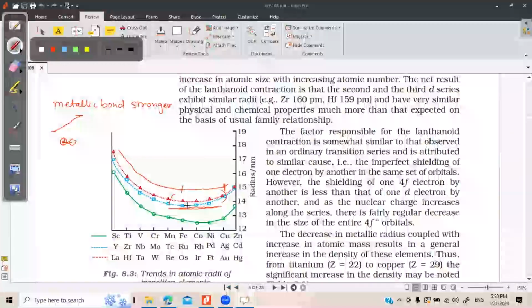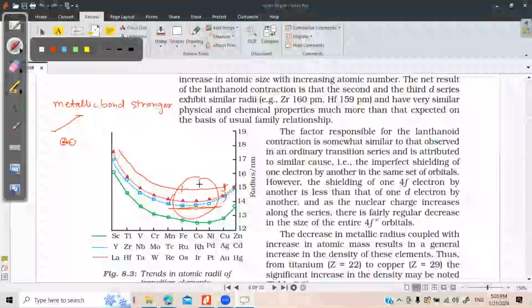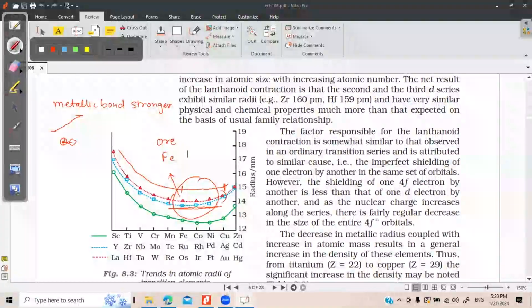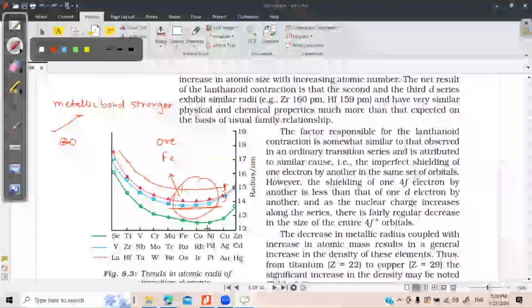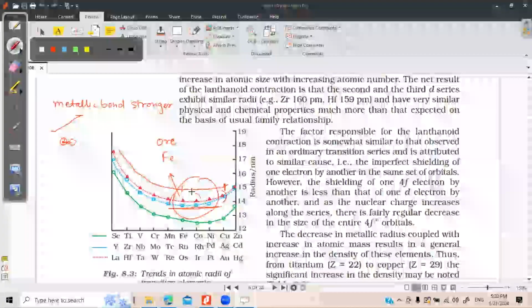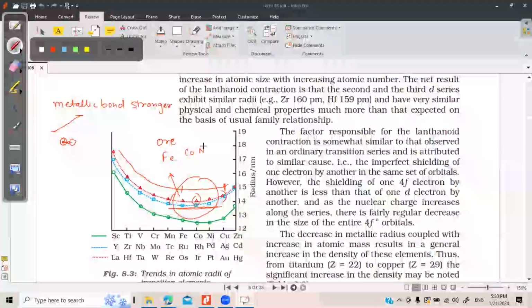And this is actually a reason why we can mix these metals to form alloys, because of their similar atomic radii. So for example, if we get iron ore, there is full chance that along with iron, we may get cobalt and nickel in the same mineral.